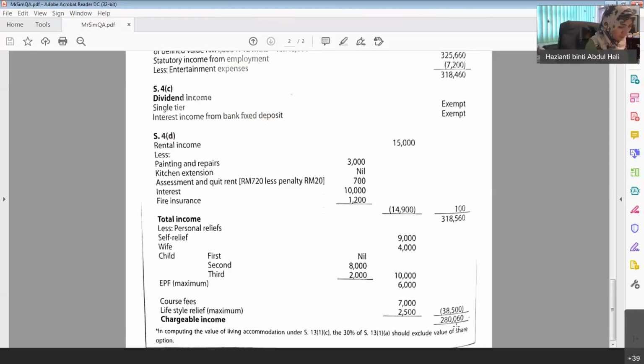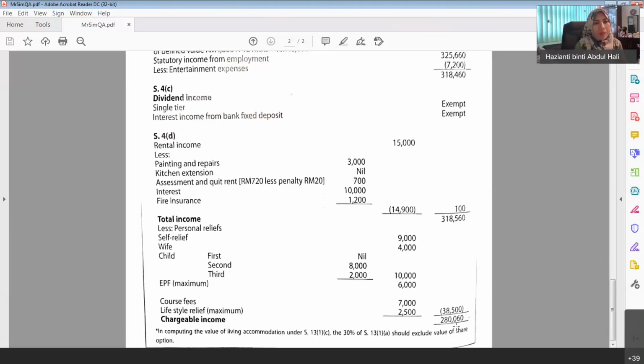Madam, if let's say for the lifestyle relief, he spent less than 2,500, we have to take the lowest value or we still have to take the maximum value? For lifestyle, it is based on the receipts. Kalau lah, let's say maximum is 2,005, dia spend 1,000, so he can only claim 1,000 je.